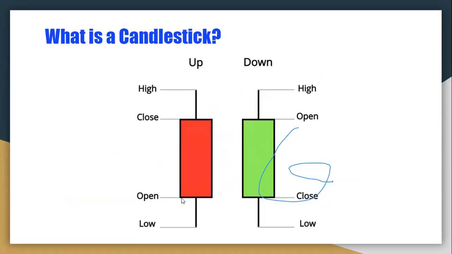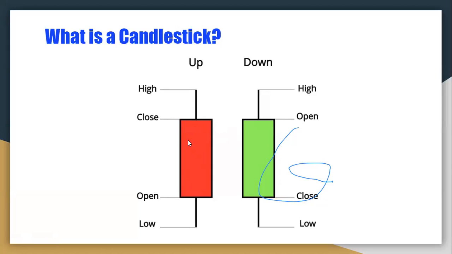In a red candle, there are four important points to note: the high, close, open, and low. The colorful part of the candle is the body. It is called the body of the candle.